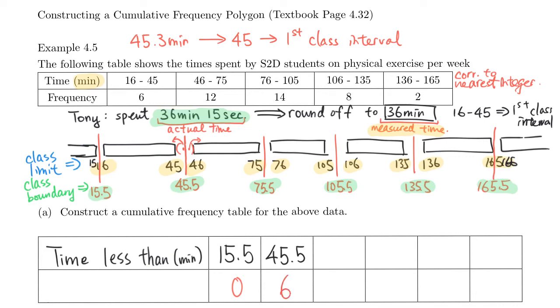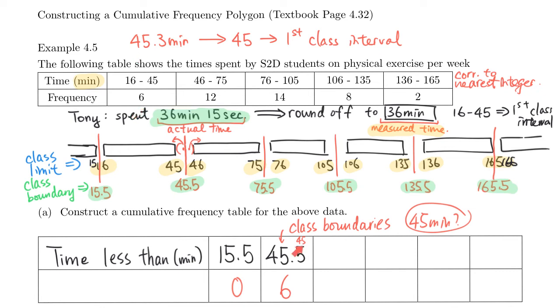So you know why I have to put class boundary here. These are the class boundaries. So why can't I say less than 45 minutes? Because even 45.3 belongs to the first class interval. So among these 6 students, some of them may have spent 45.3 minutes, and it belongs to this group.